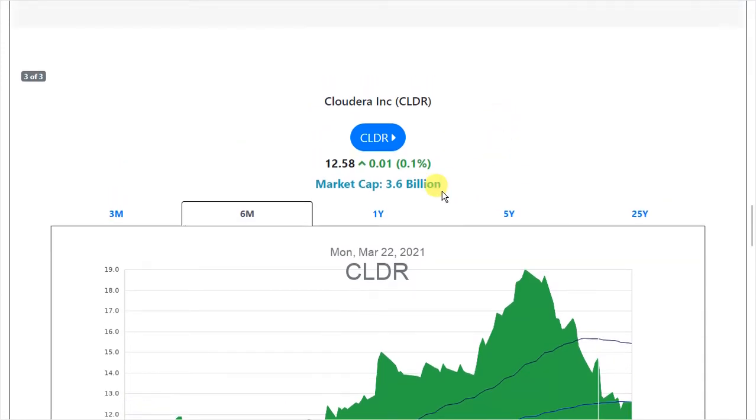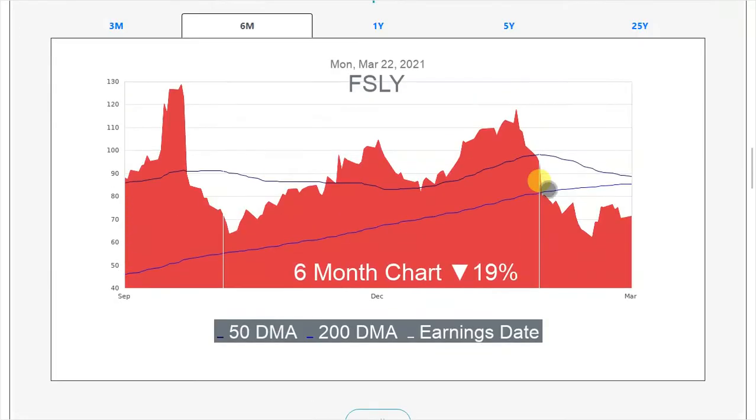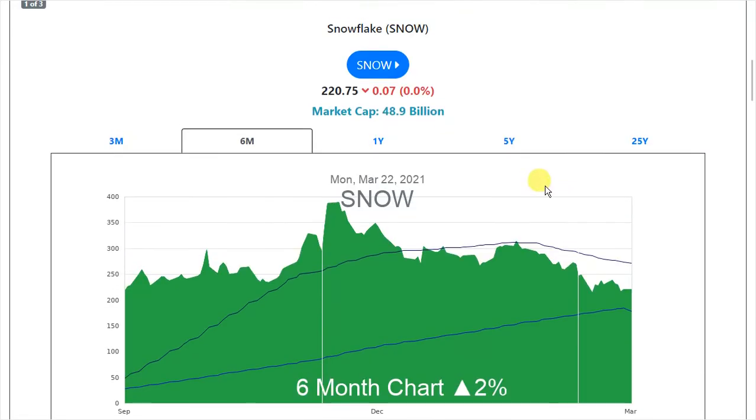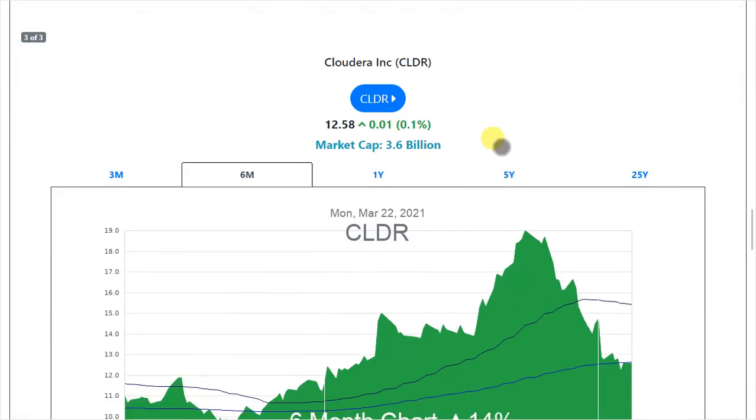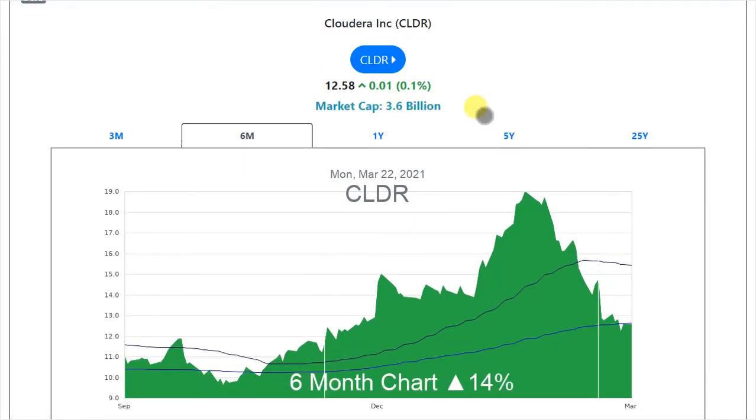Or, just another example, if it goes up by 5 times, I'm trying to do this math in my head, from 4 billion by times 5, that's 20 billion, and 20 billion is still less than half the size of Snowflake. But if Cloudera goes up 5 times on market cap, then that's going to multiply this price by 5 times.